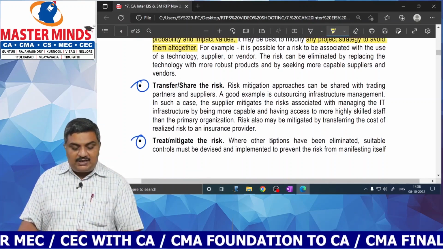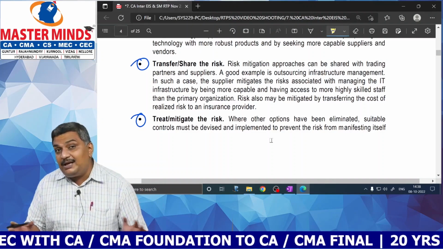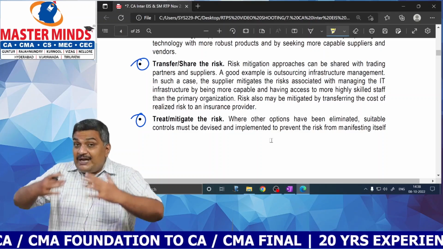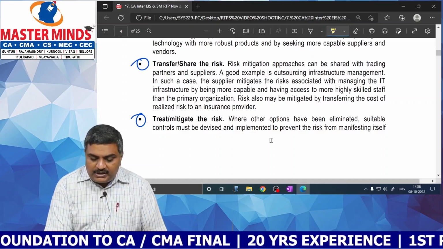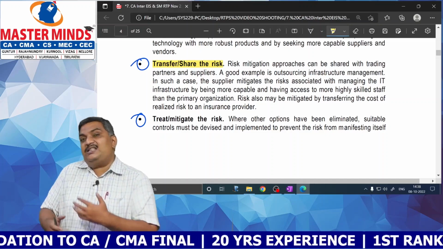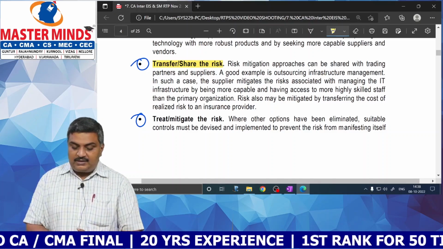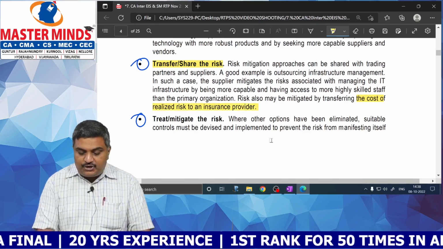And the next one, transfer or share the risk. So sometimes you cannot totally terminate or eliminate the risk. So you need to think of risk mitigation, how to reduce the risk. And definitely in order to reduce the risk, the best strategy is to transfer or share the risk with others, like transferring the cost of realized risk to an insurance provider.